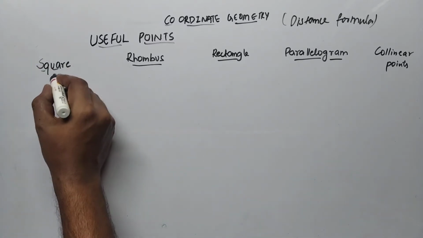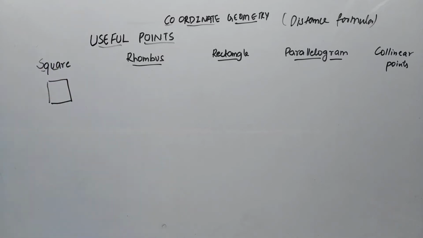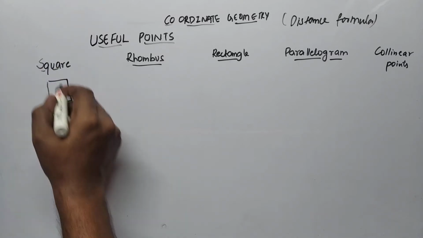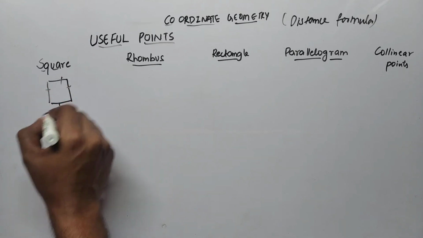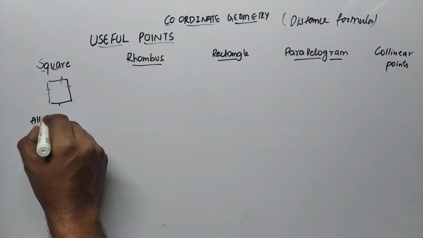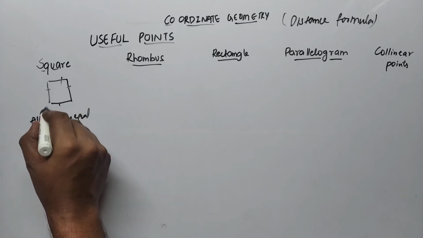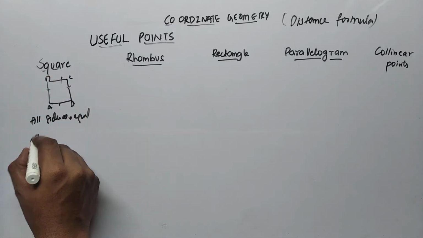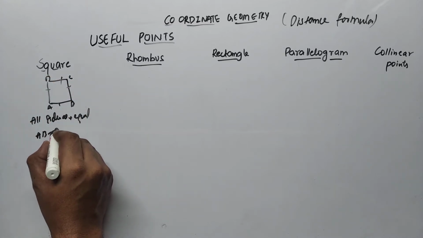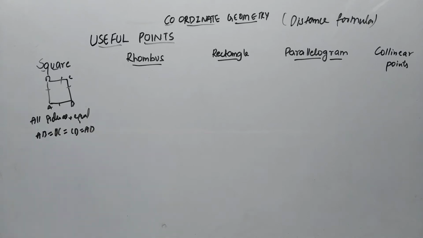After the triangle, we'll see some important questions from your textbook. So we'll start from the square. A square is a closed figure which has four sides and four angles. All the sides are equal. If I name it ABCD, we can say AB is equal to BC is equal to CD is equal to AD.